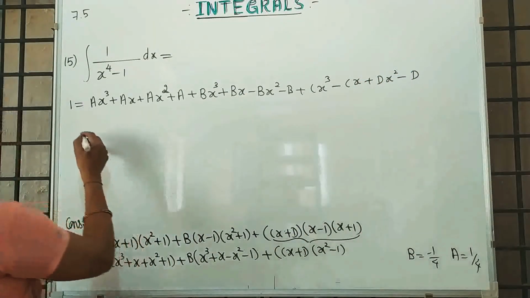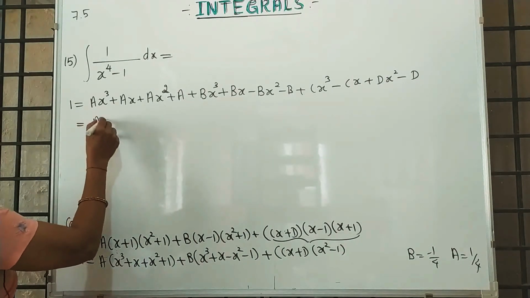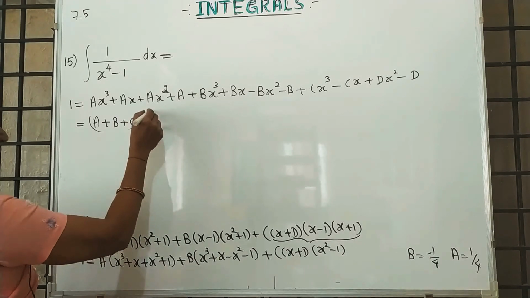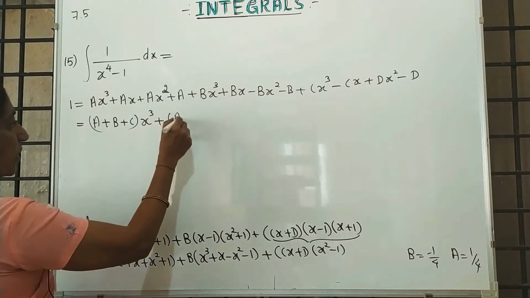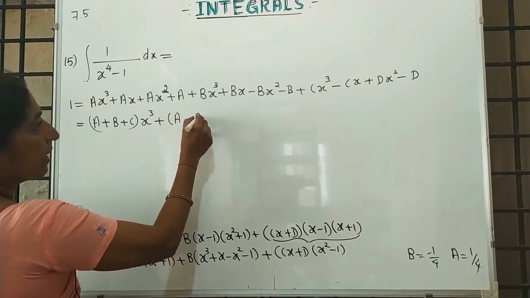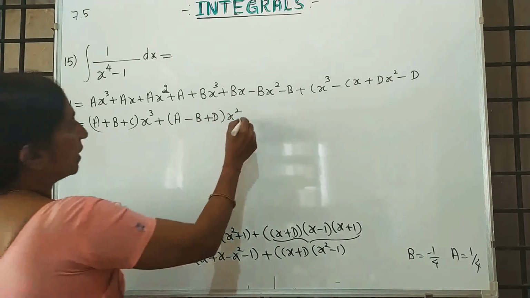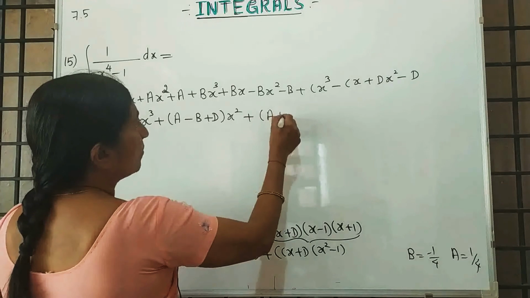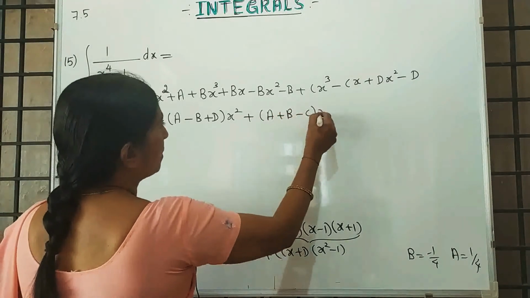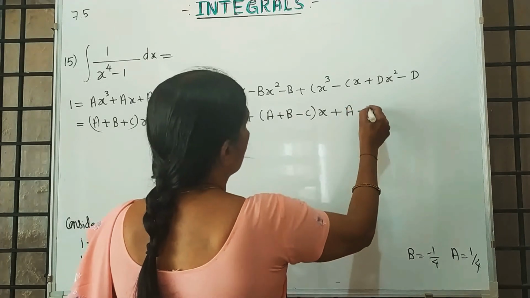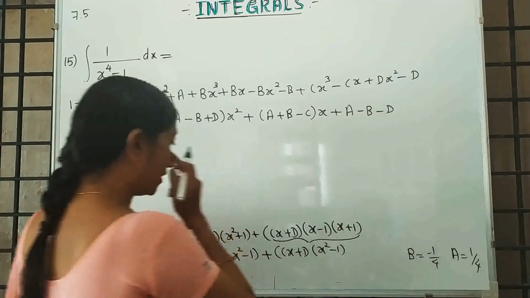I will write the term with x cube, a plus b plus c. Then the term with x square, a minus b plus d. Then the term with x, a plus b minus c. Then the term without x, a minus b minus d.